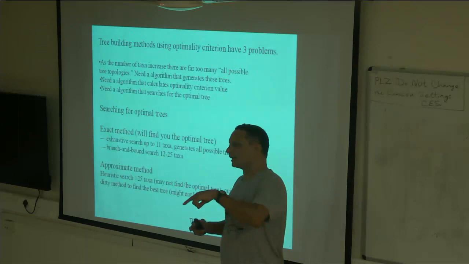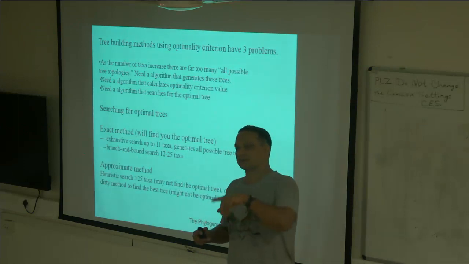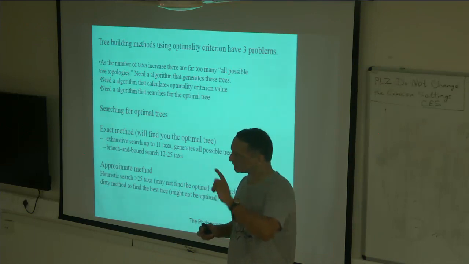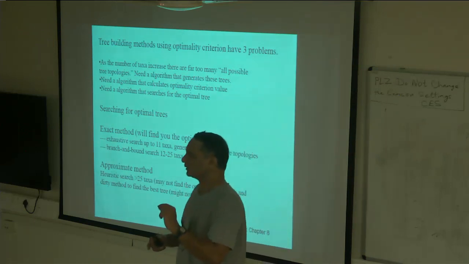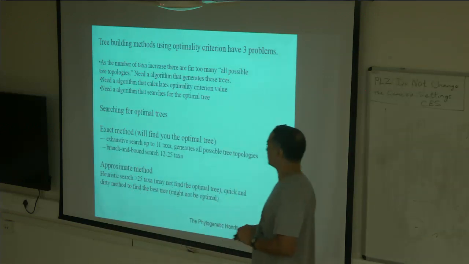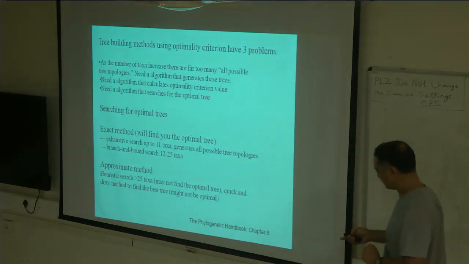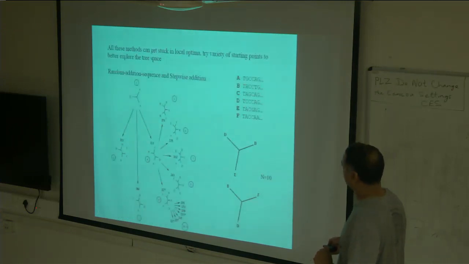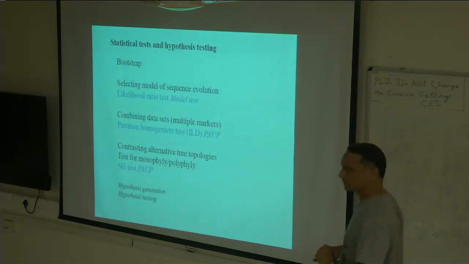But if your settings for the heuristic search are not correct, then for the same model, you can potentially get different trees. Okay? So please pay attention to the search algorithm. Okay. Any questions so far?